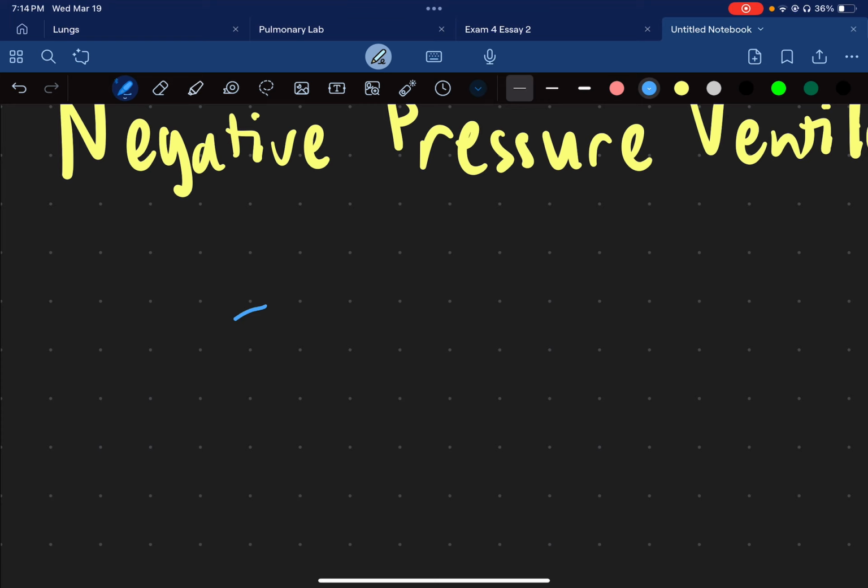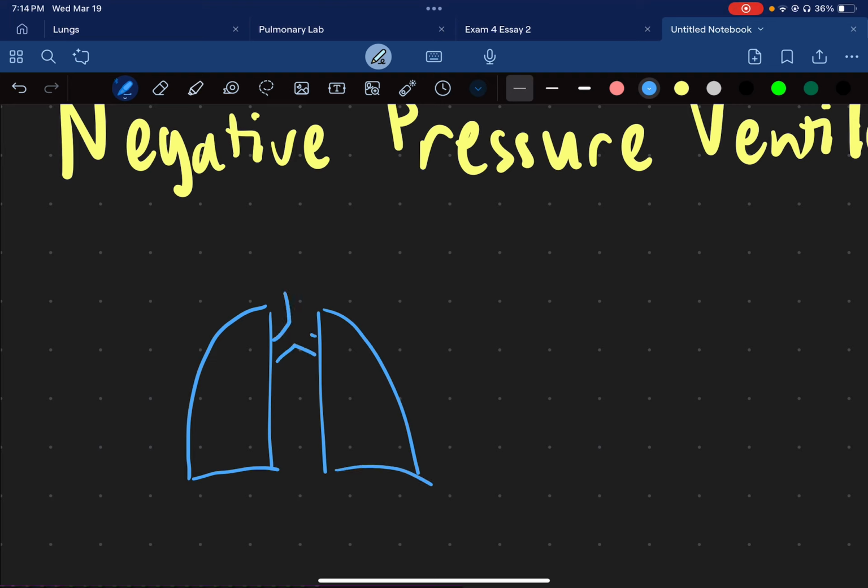So we have our lungs, trachea, and then we're gonna have another membrane on the outside, and then outside that we'll have some ribs drawn to show that this is the thoracic cavity. Okay, and then down here we have the diaphragm.